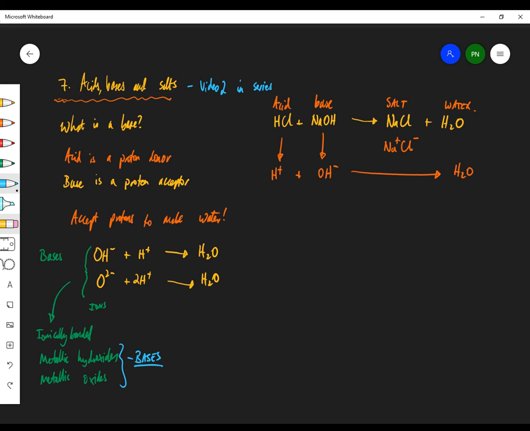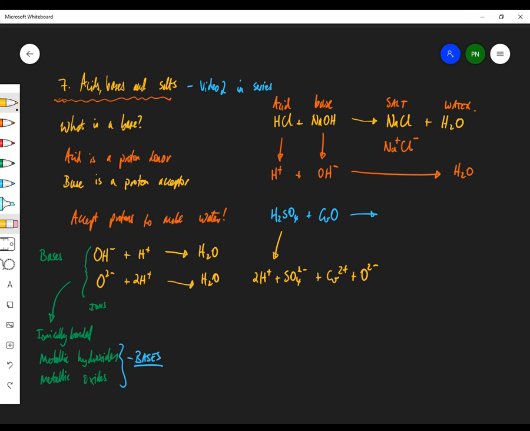Let's have a look at another one. Another acid, H2SO4. Let's do copper oxide. What are we going to get? Well, the acid can be split up into 2 protons, because there are 2 H plus, and a sulfate ion. The copper oxide is a copper ion, which is not the base, that's just the carrier ion, and the oxide ion.